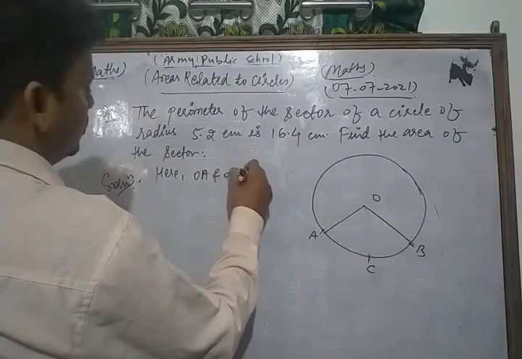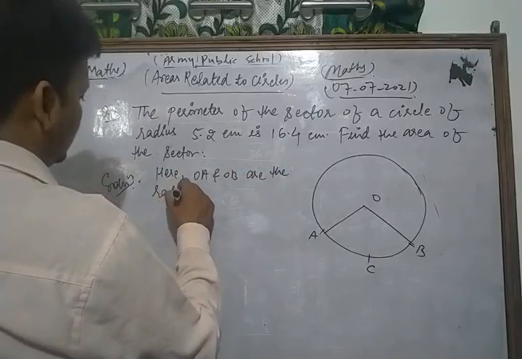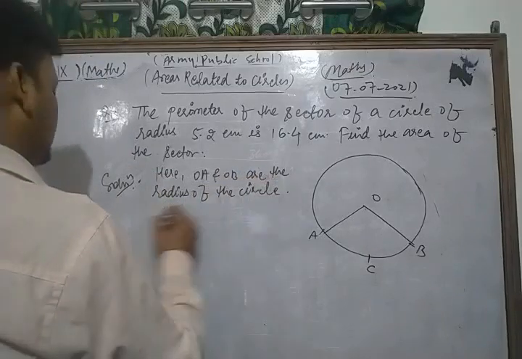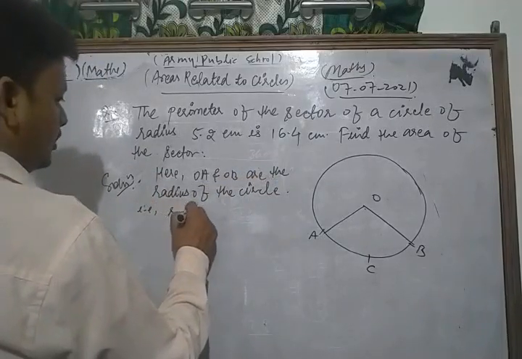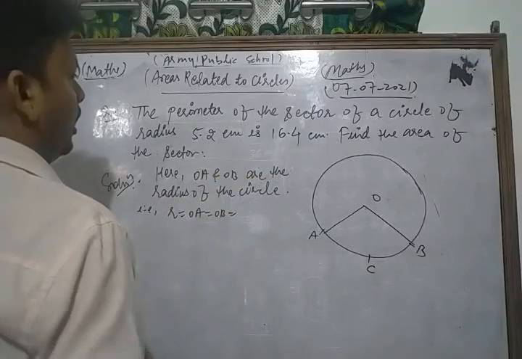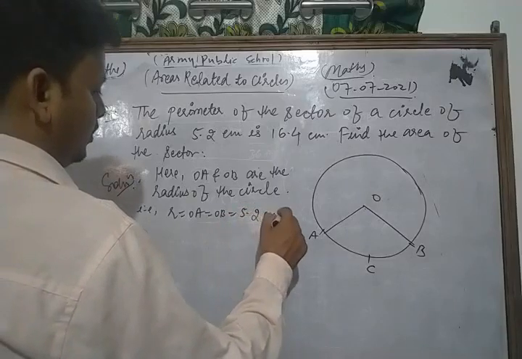It is also given that OA and OB are the radii of the circle, that is, r is equal to OA is equal to OB, each equal to 5.2 centimeter.